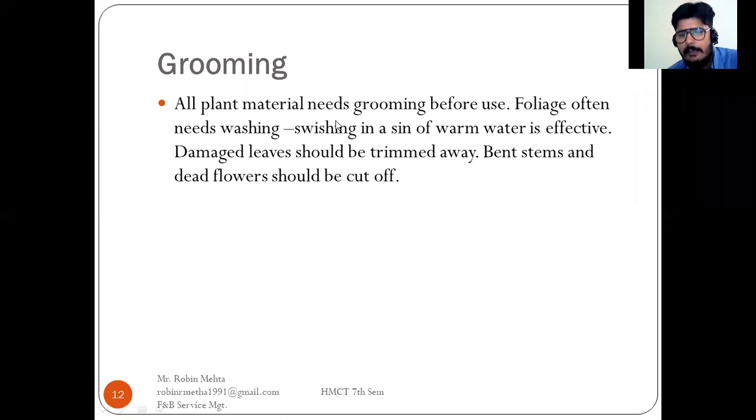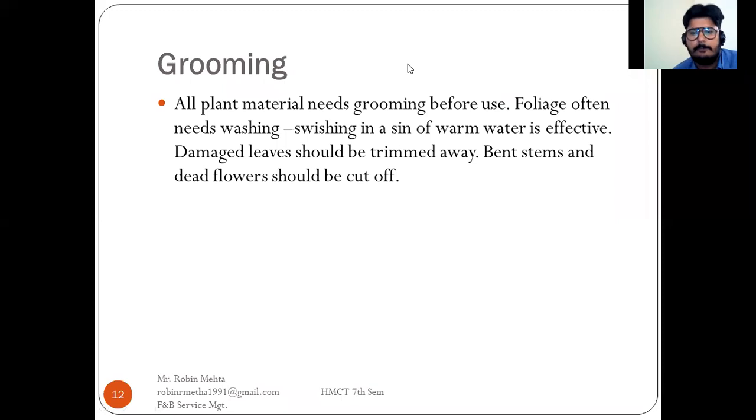What you see, there are some dead leaves, and some stems which are already bent, which are not in use for that particular flower arrangement. So you just remove those leaves, and wash the leaves if they have some kind of sand or other kind of material on them.